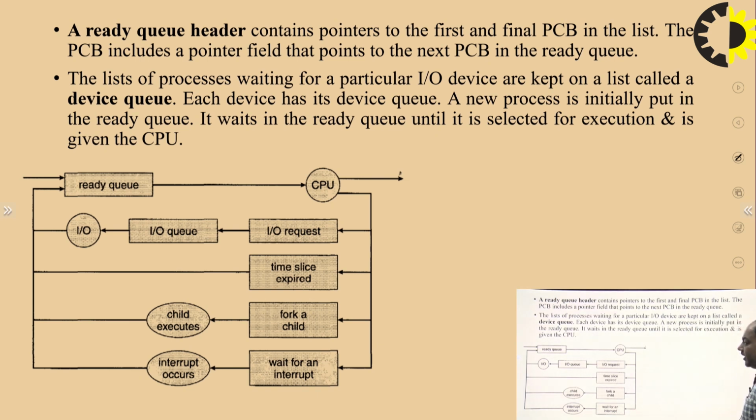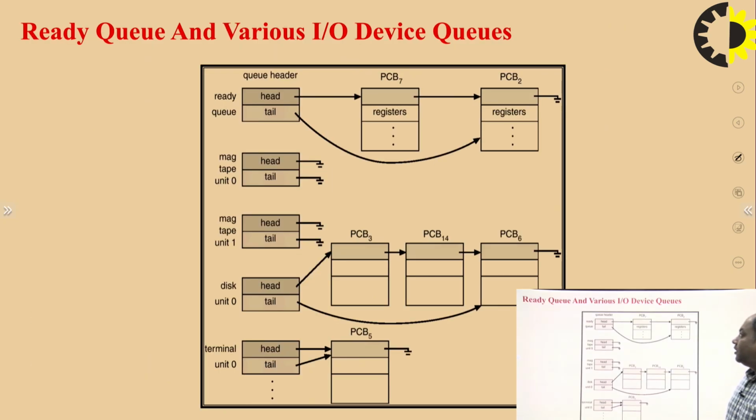Okay. So there might be an input output request, time slice expiry, fork a child and wait, or an interrupt. And when an interrupt occurs, the process goes into waiting, and from waiting it goes into the ready queue. So there are the ready queue and various input output device queues. We have a queue header.